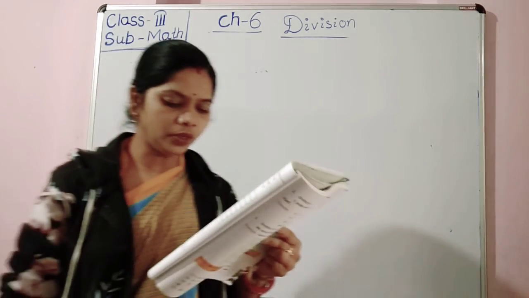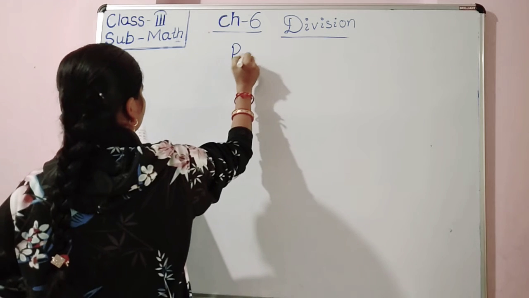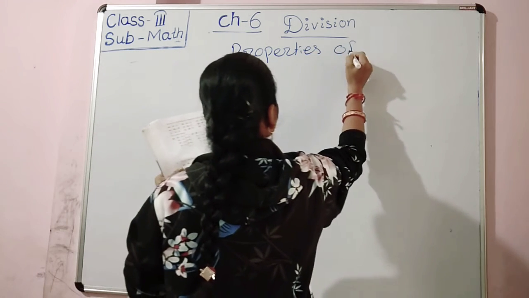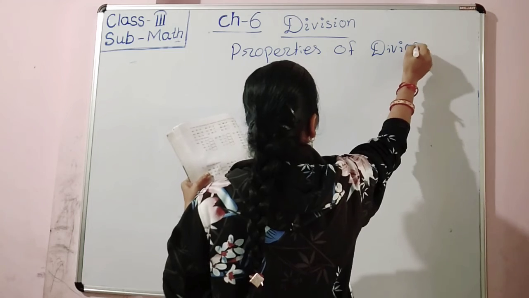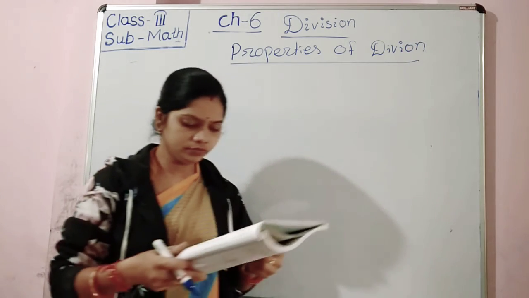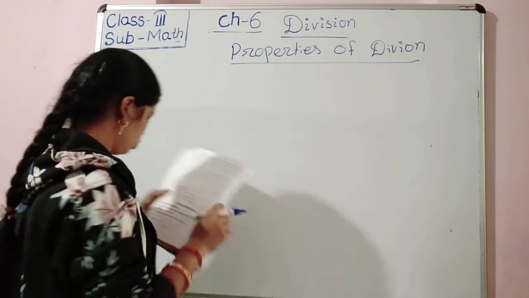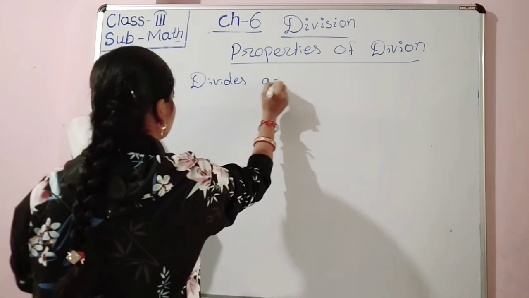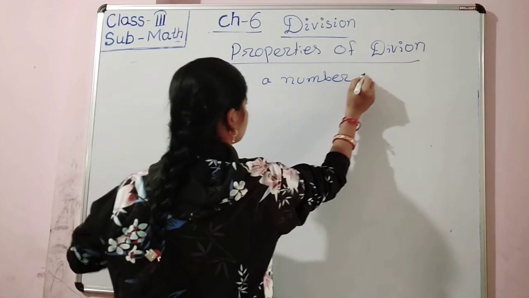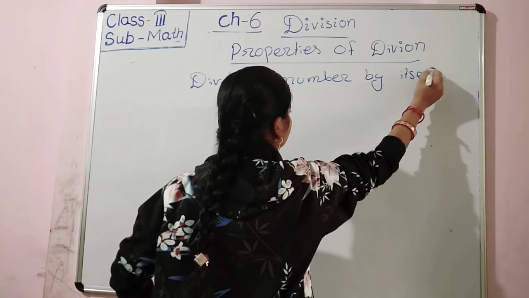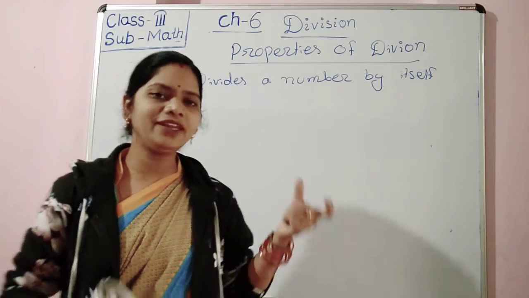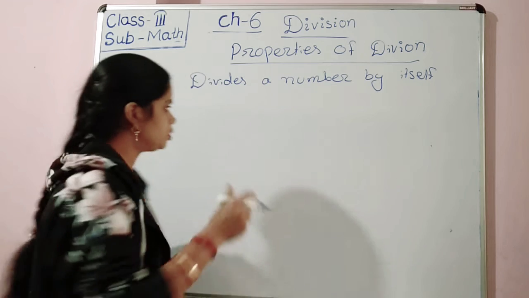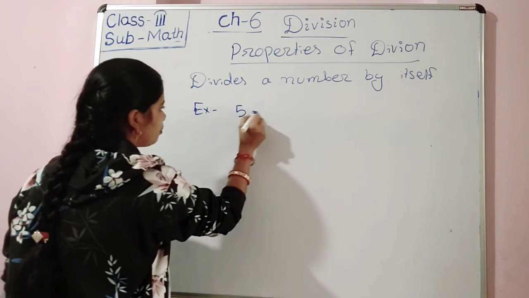Next we learn properties of division. Some properties of division. देखो first rule, dividing a number by itself. देखा children, when we divide a number by the same number we get the number 1. देखो suppose example 5 divided by 5.